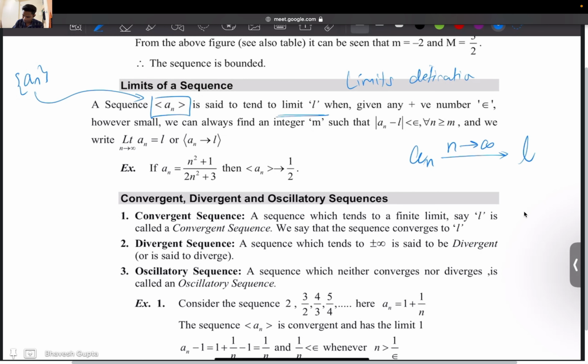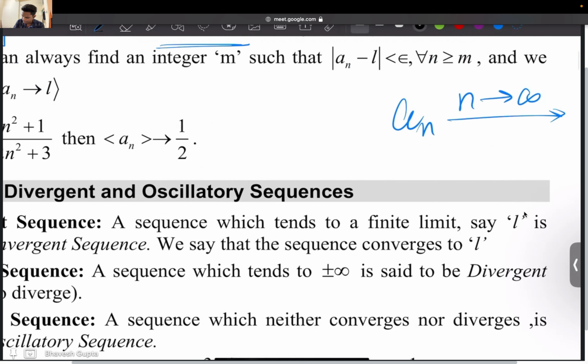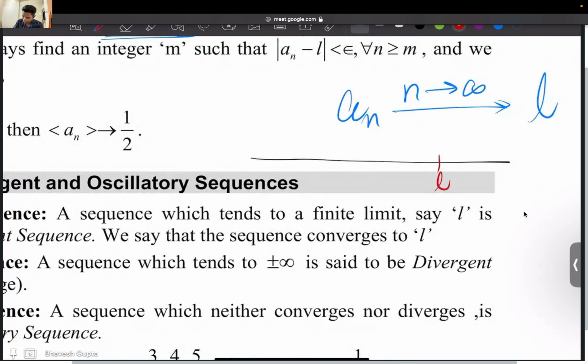So what you're basically doing here is, let's say you have this limiting value L, and you start from here, A1, A2, A3, A4, A5. You can see you're taking discrete jumps. But let's say we have taken an infinite number of jumps, and we are labeling those jumps with the integer n.